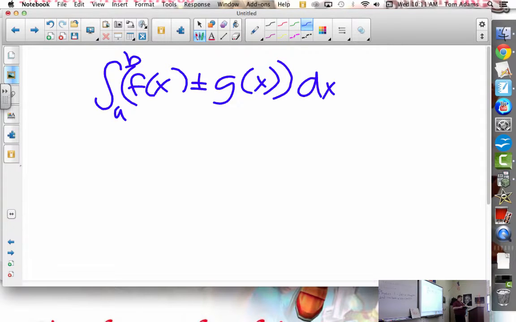That's going to equal something, plus or minus? Yeah, we could do f of x plus g of x or f of x minus g of x.